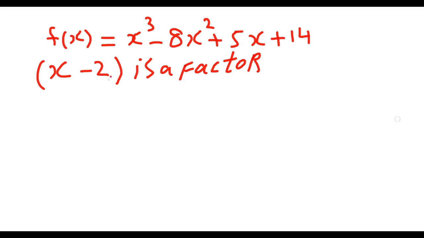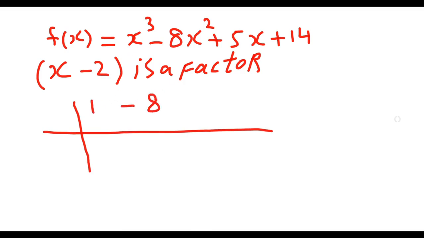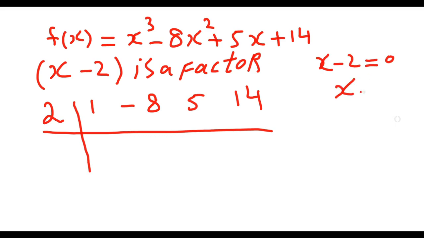First of all, I'm going to list all the coefficients of f(x): 1, negative 8, positive 5 and positive 14. And I'm going to divide by 2, because if x minus 2 is equal to 0, the x value is positive 2. So 2 is the divisor.